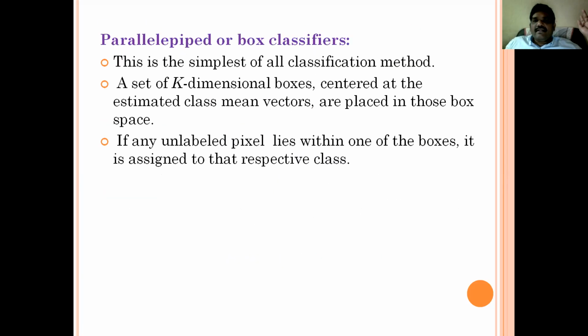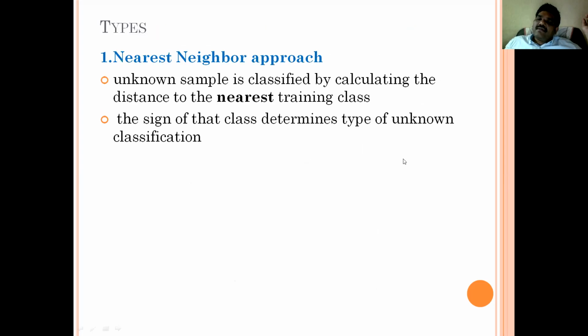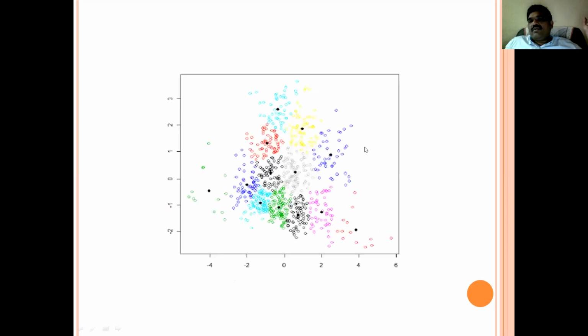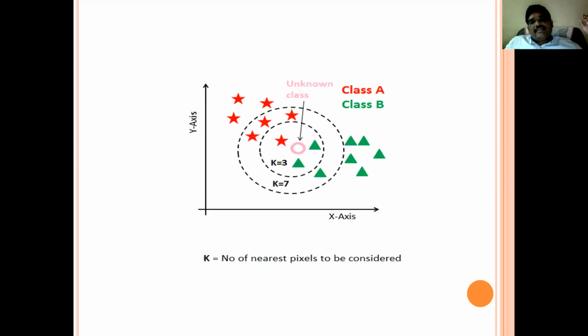See, have a look here. Image classification: clustering by various methods such as K means approach. I mentioned here K means approach only, but here we discuss nearest neighborhood approach, and the next one is K means approach. What is K here? In the previous case, K is the number of nearest pixels to be considered.